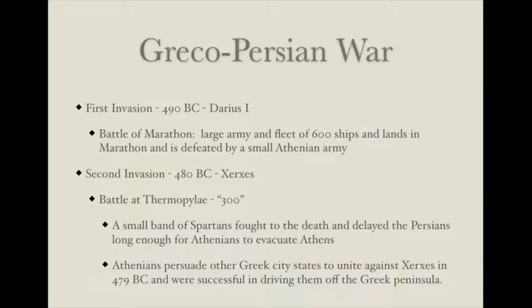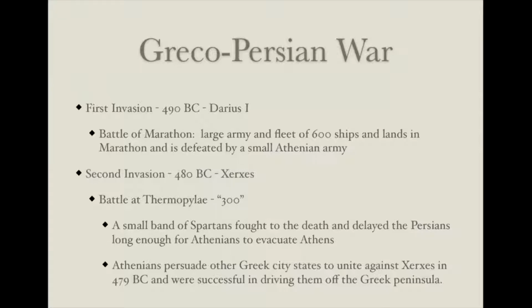They land in Marathon, in 490 BC under Darius I. And they are met by a small army of Athenians, who through some pretty incredible strategy were able to defeat them, and they had to retreat back to Persia.